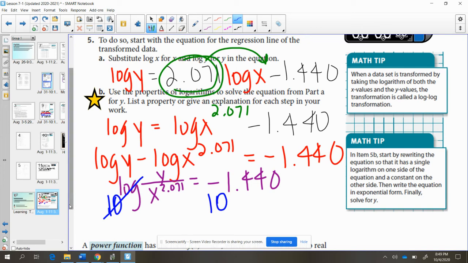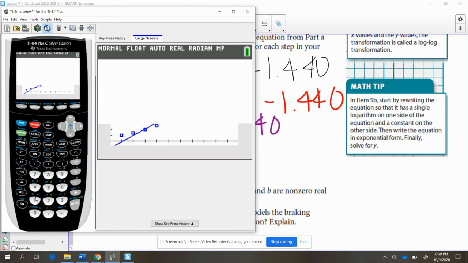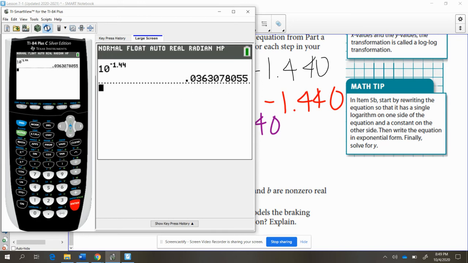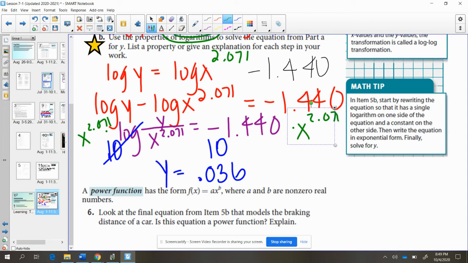And this 10 to the negative 0.41, if we transform that, is right around this 0.036. And on this side, then, we can multiply both sides by this x from the denominator, and we end up with that on the right-hand side so that it's no longer in the denominator.